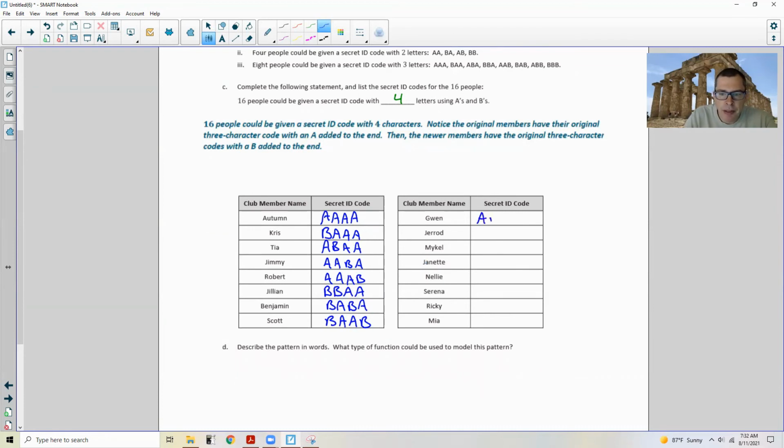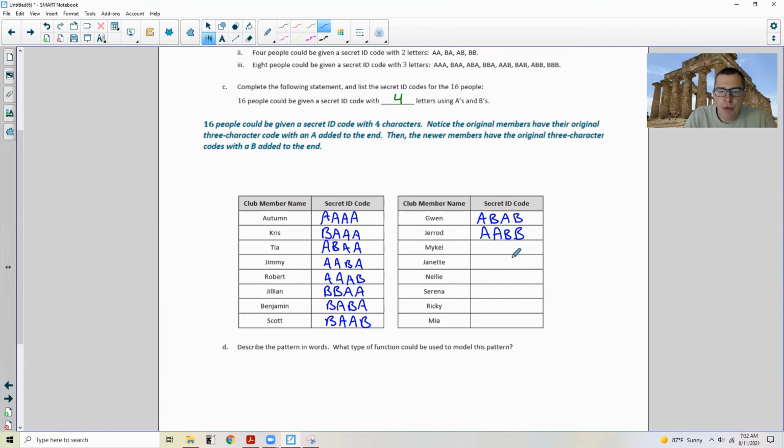So now A, B, A, B. And then move this B over to the 3rd position, and it will be A, B, B. So now that I have 2 B's, those are the possible outcomes of 2 A's and 2 B's. So it's BBAA, BABA, BAAB, ABAB, AABB.